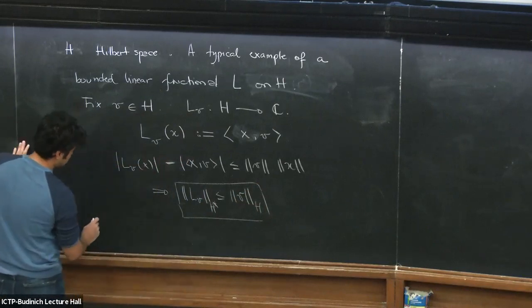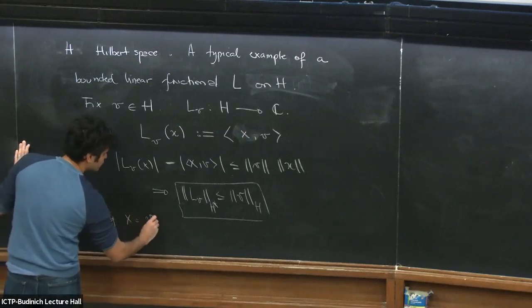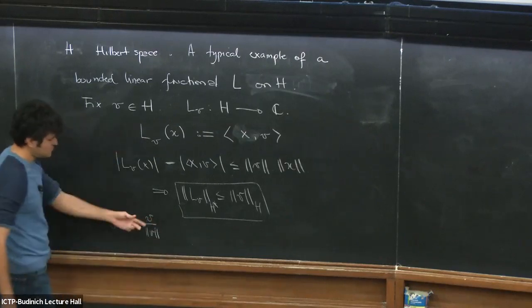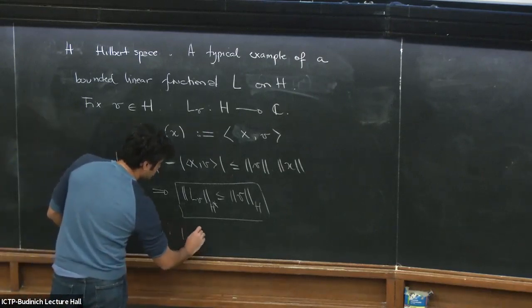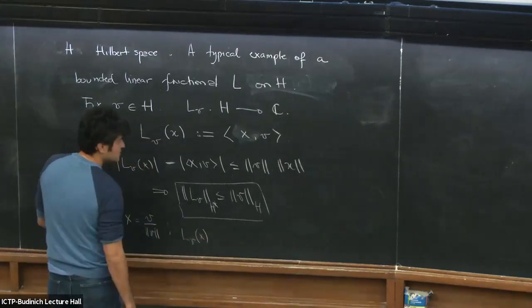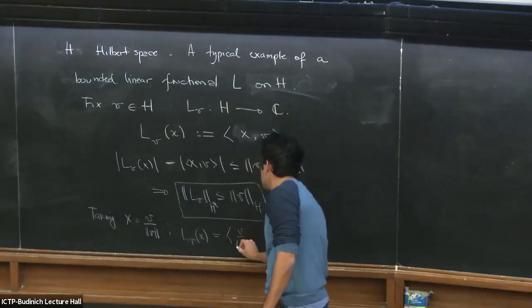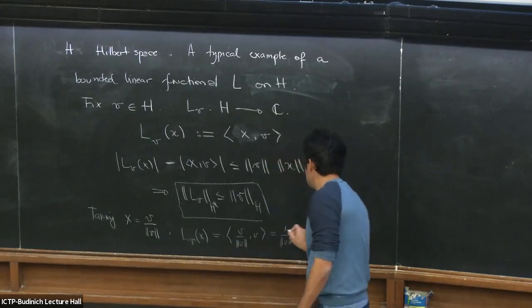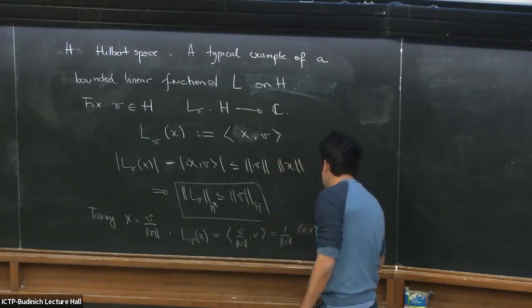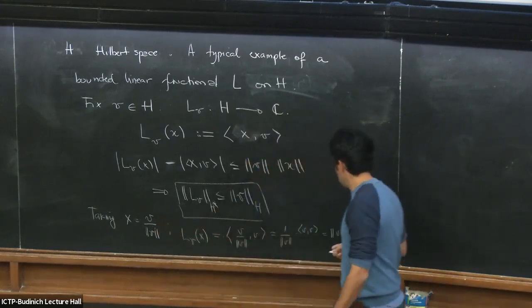So you get this. And moreover, you get more. If you take the element X to be V over the norm of V, which has norm 1, you get that LV of this X is going to be the inner product of V over norm of V with V. This guy is a constant, it comes out, and then the inner product of V with V is the norm of V squared, so this is just the norm of V. So you get LV applied on a vector of norm 1 attaining this.